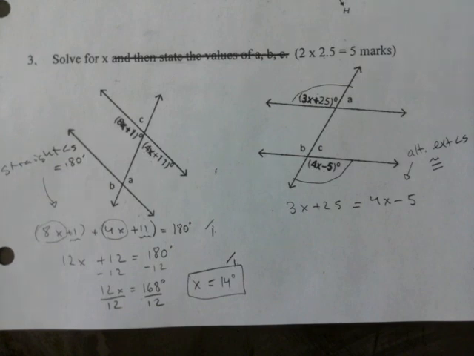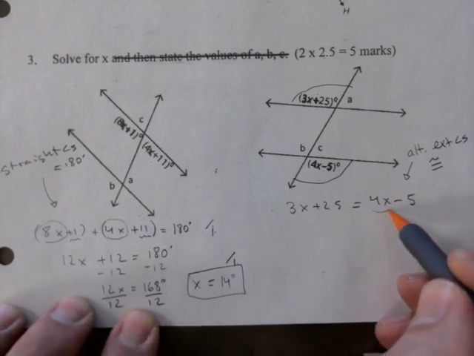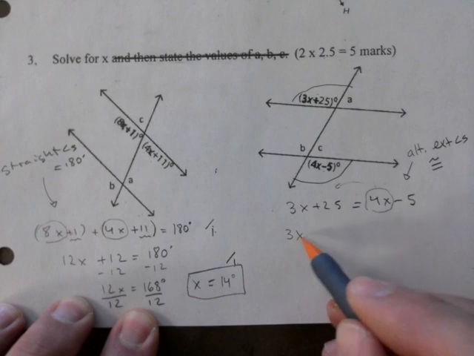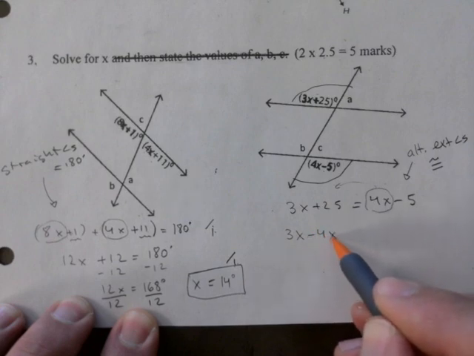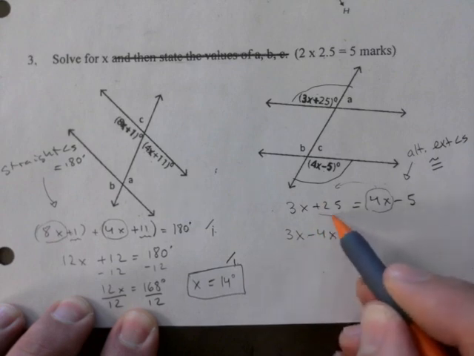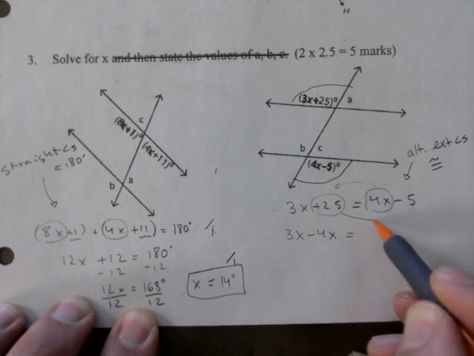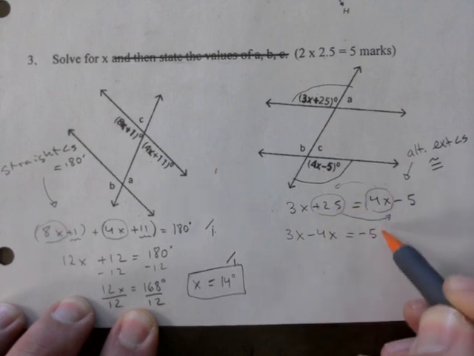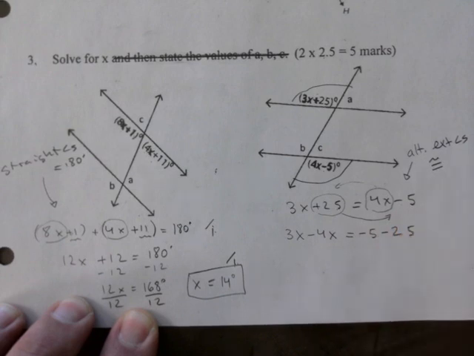And I like to bring stuff over. So I'll bring my x, this one right here, over to the other side. So it goes 3x minus 4x. And on the other side, I have a minus 5 already there. The 25 comes over subtracting.